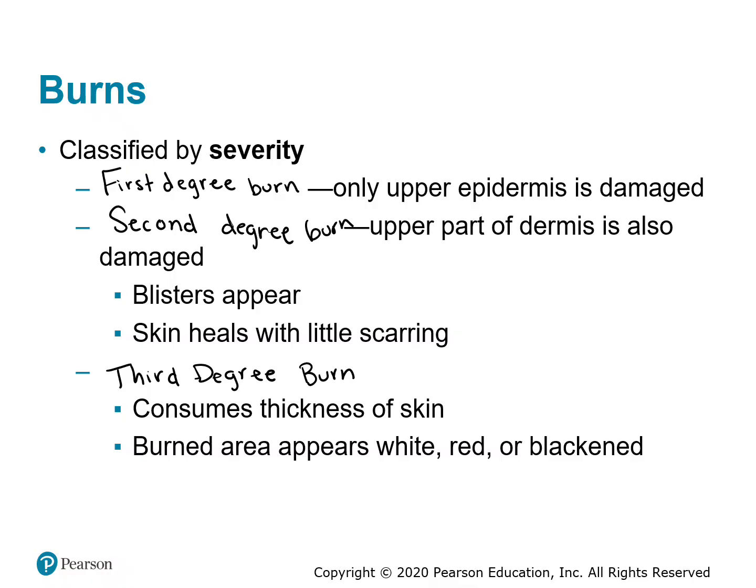So that's going to go all the way through the epidermis, all the way through the dermis, might even get a little bit into the hypodermis. And that burn area is going to look either white because there is no more blood supply, red due to irritation and inflammation, or blackened from the straight up burn.